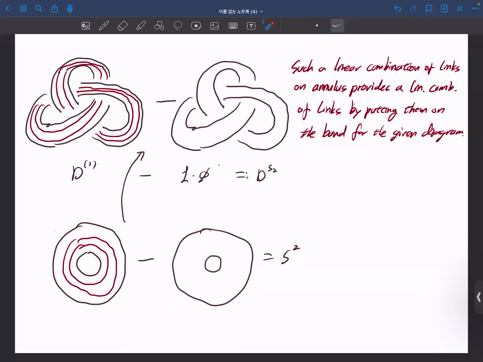So here, the point is we put a linear combination of links on the annulus to the band. Then we obtain a linear combination of links again.